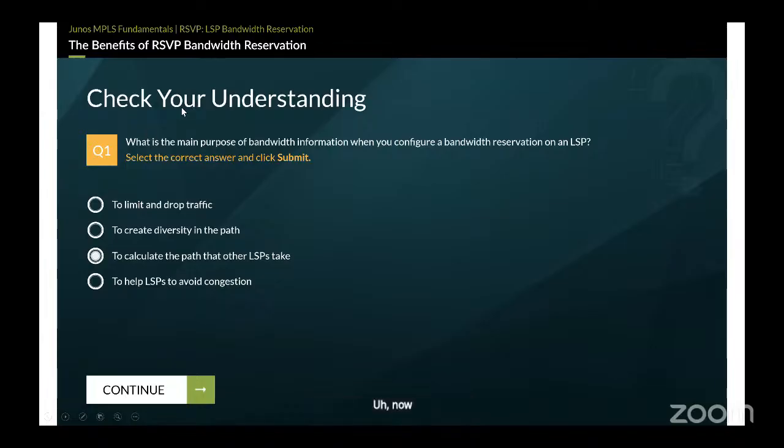Now we're in the Q&A section. Check your understanding. What is the main purpose of bandwidth information when you configure a bandwidth reservation on an LSP? To calculate the path that other LSPs take. What is the role of traffic engineering extensions to advertise bandwidth reservation?